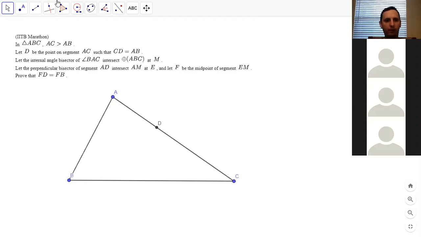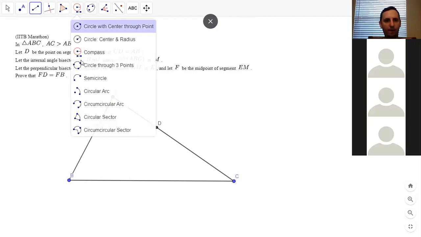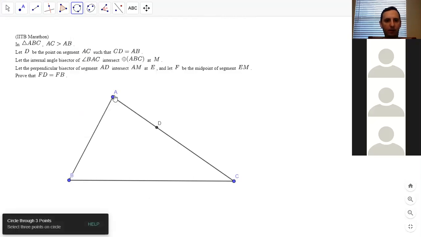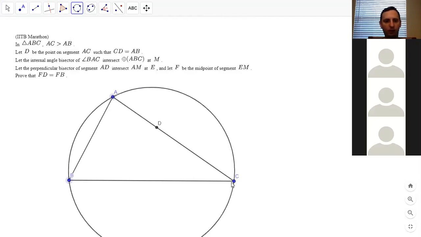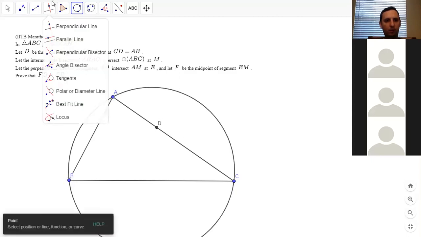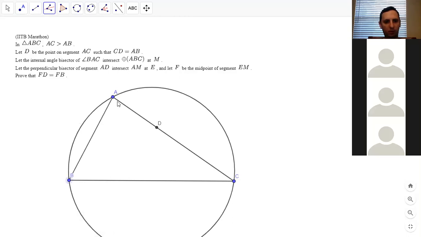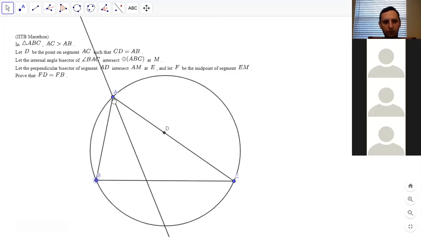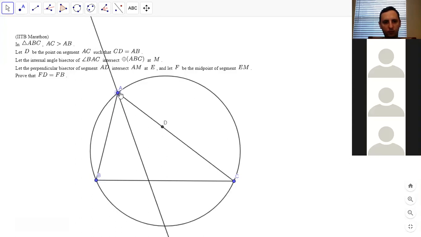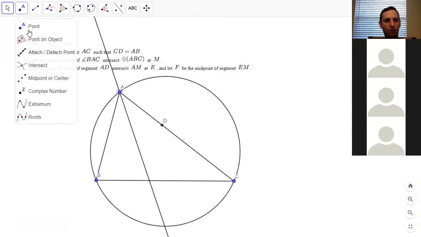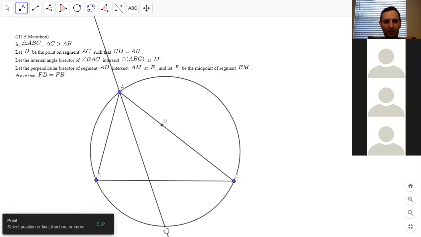The angle bisector of BAC intersects the circumcircle at M. So M is like the midpoint of arc BC. I doubt DM is perpendicular to BC.